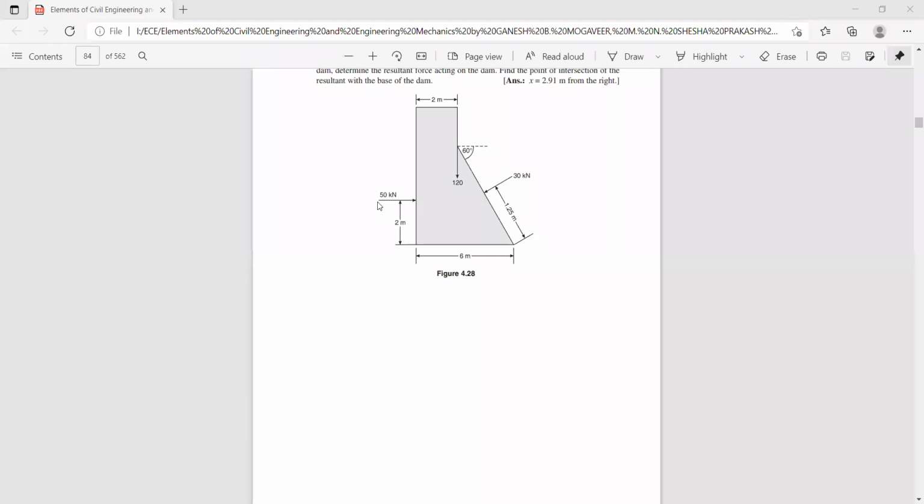So sigma f of x is 50 minus, if you resolve this force, its x component is minus 30 cos 30. So what is the value of sigma f of x? 50 minus 30 cos 30. So tell me the value, anyone? 24.0, 20? How much is it? 50 minus 30 cos 30.